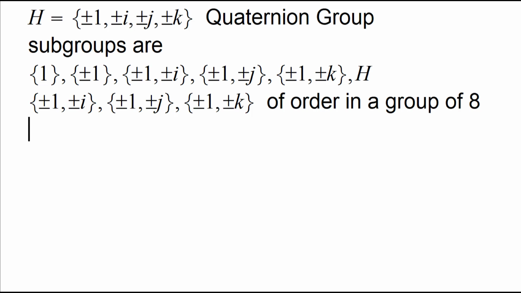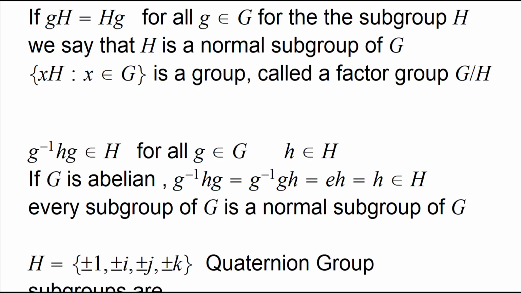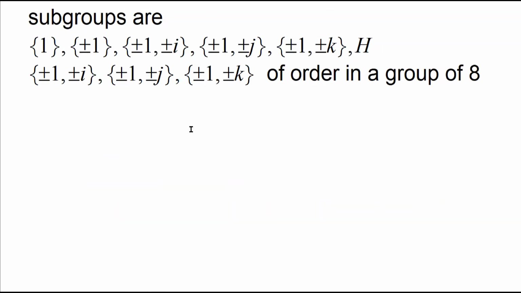So the index is 2, and remember the way I showed you with the alternating group, every left coset by an element will have to be the right coset by the same element. And if we look at this one, plus minus 1, these elements commute with all the elements.